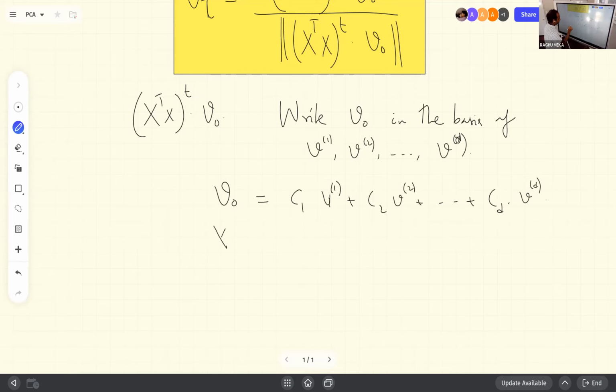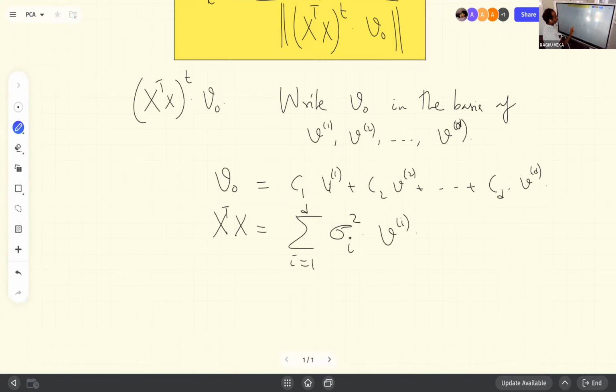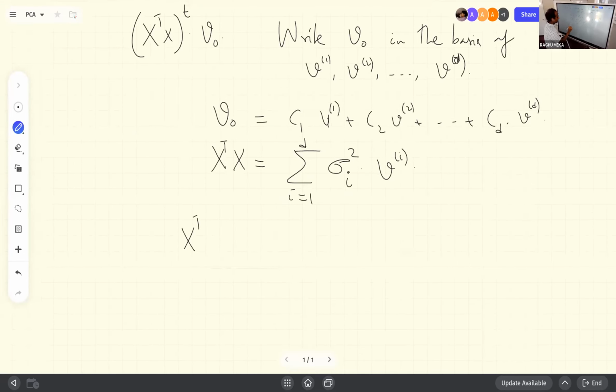Okay, and we also know what X transpose X is, right? It was this matrix, the sum of sigma i squared times vi vi transpose. So I want to claim that these two tell me exactly what the product of X transpose X and V0 is. Can anyone tell me what's the expression that I would get if I write down this matrix vector product?